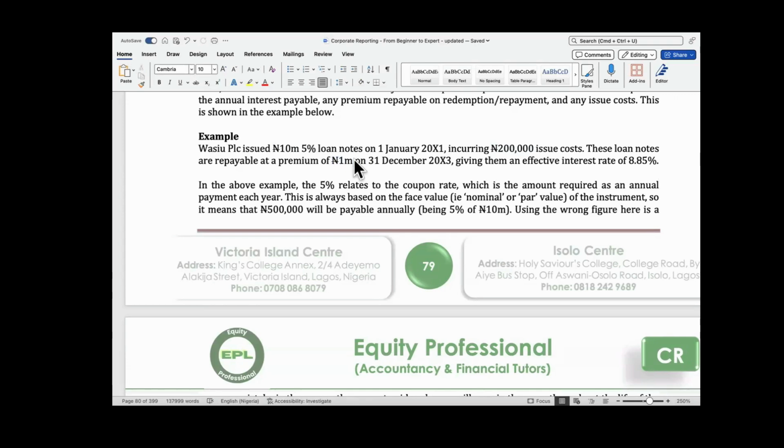Not only that, we are incurring an issue cost of 200,000. This one also needs to be recognized over the 3 years. And that's what is bringing our cost, instead of 5% now, to 8.85%. So the interest we are incurring is now beyond 5% because we are going to pay back at a premium and we're going to incur issue cost. So our effective interest payable is 8.85%.